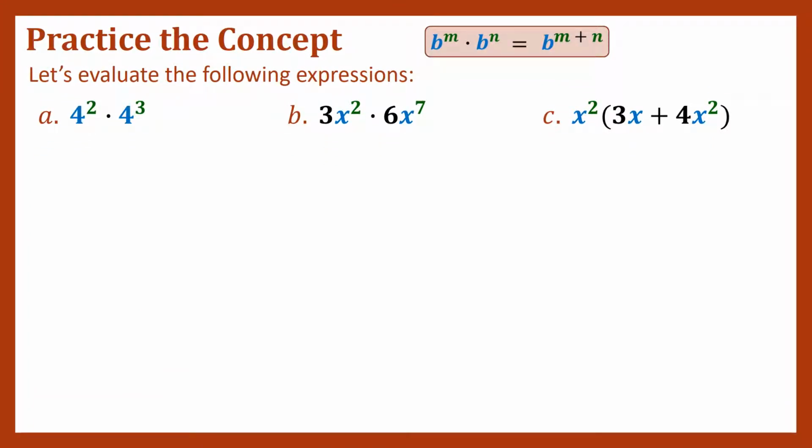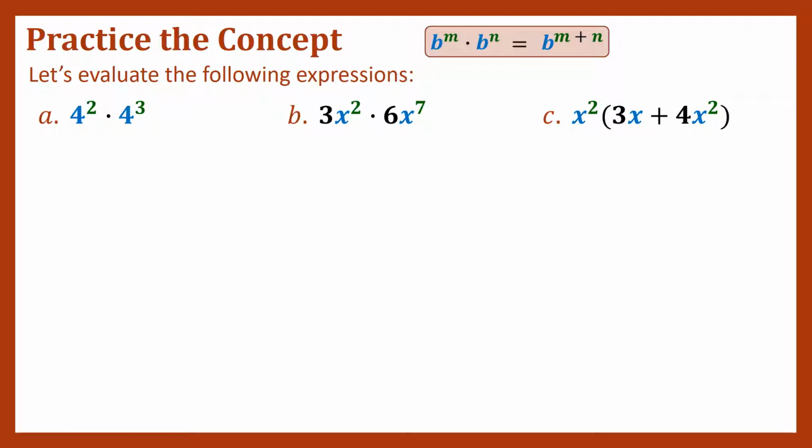So now, let's practice this concept of the product rule, which says that the product of two bases is equal to the same base raised to the sum of their powers. So let's evaluate the following expressions. The first expression reads 4 raised to the power of 2 multiplied by 4 raised to the power of 3.